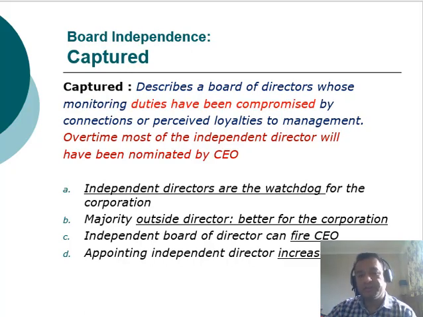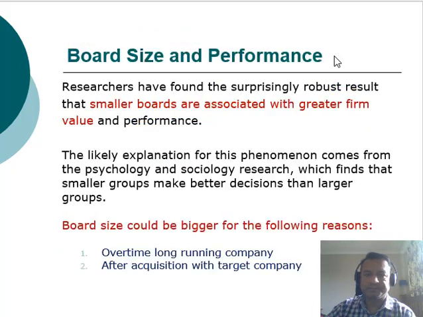So if they have the willingness and power, they can actually fire the CEO. And there is also a large number of accounting research that suggests that appointing independent directors can increase the firm value.